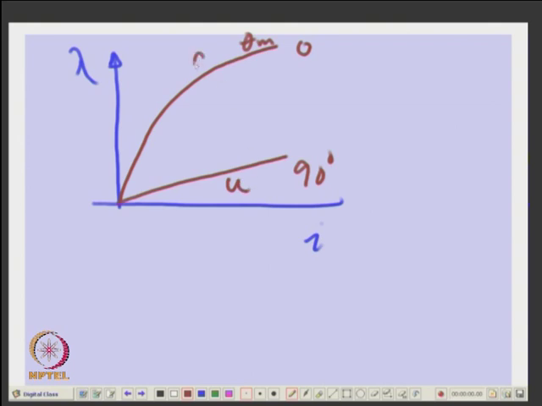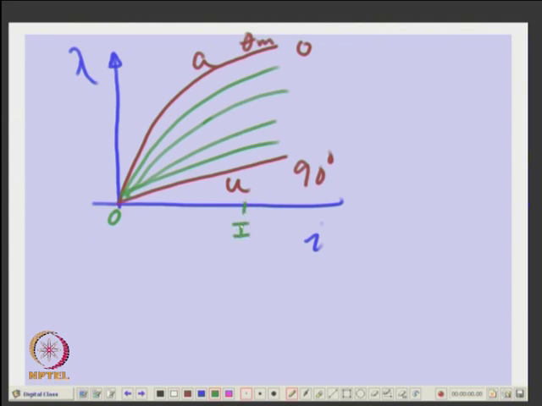Unaligned, this is aligned, okay, and you will have a family of curves in between like that. Okay. Now, what will be your current? Current is starting from 0, going to some value I, continuing at that value, okay, then coming back to 0. This is your trajectory.